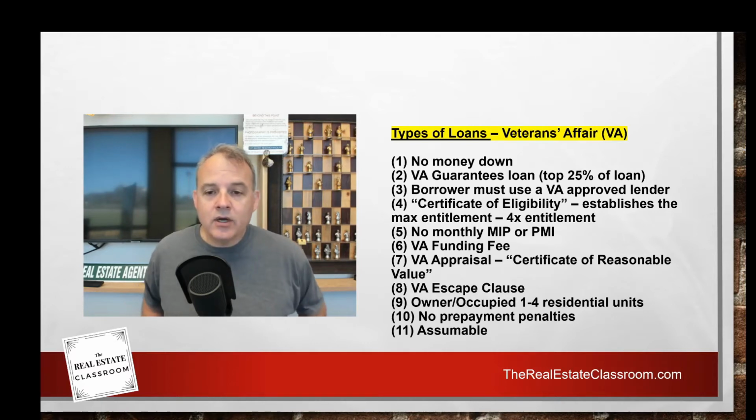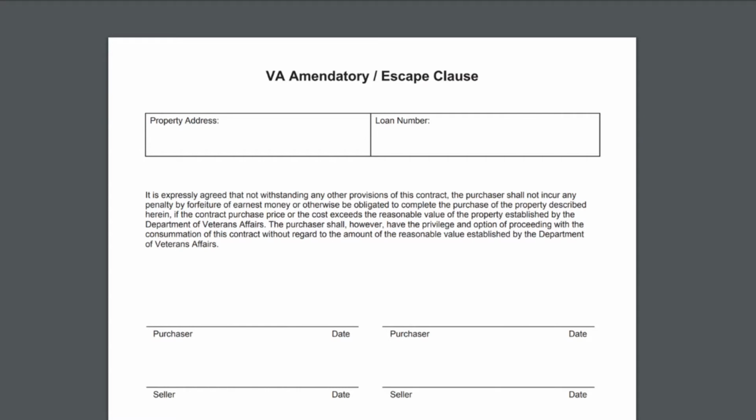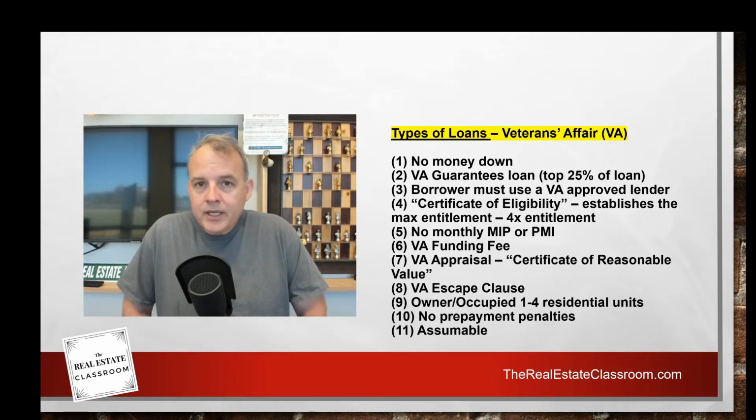Now, there is what's called a VA Escape Clause, and I have the language on your screen here. And the language does vary a little bit depending on the locality that you're practicing real estate, but it all says the same thing, and that is that if this property does not appraise at or above the purchase price, then the borrower is legally able to void the contract and get out of the deal.